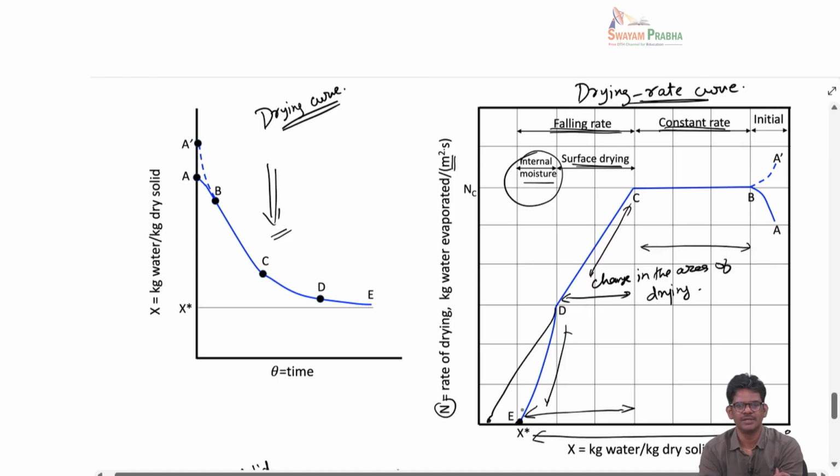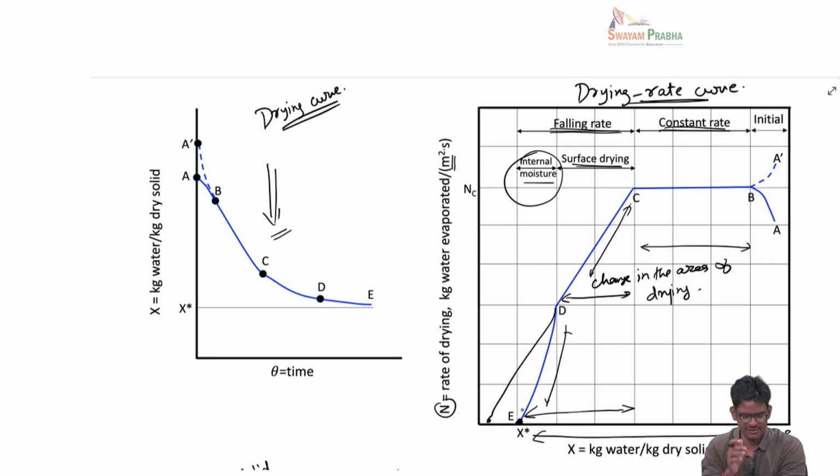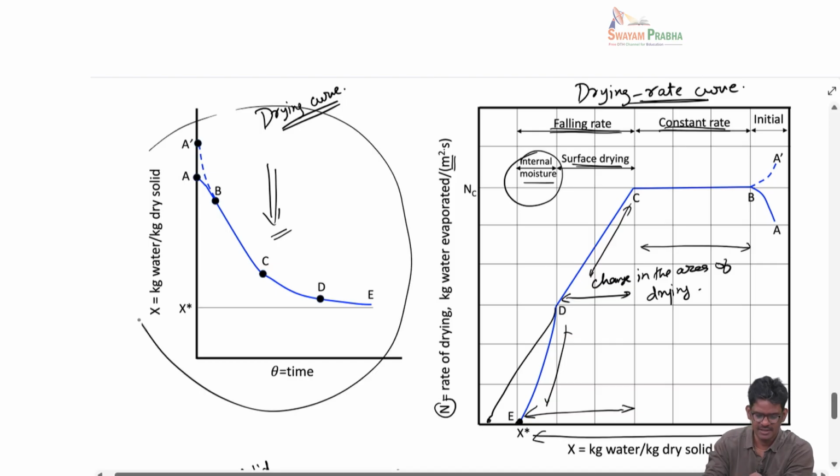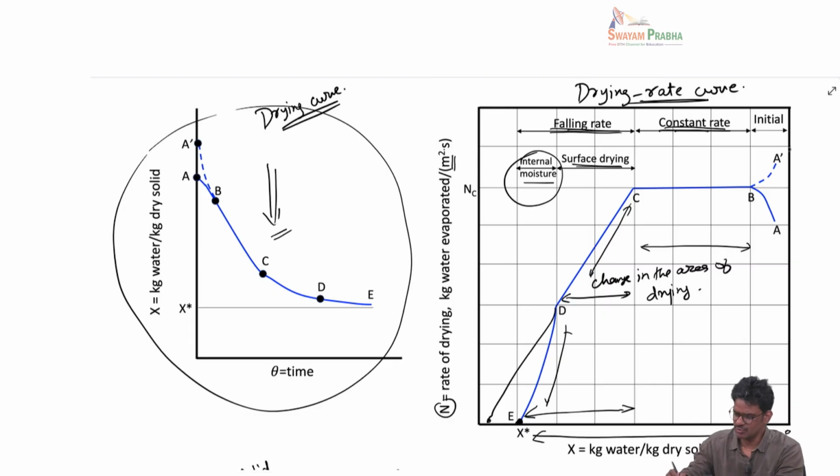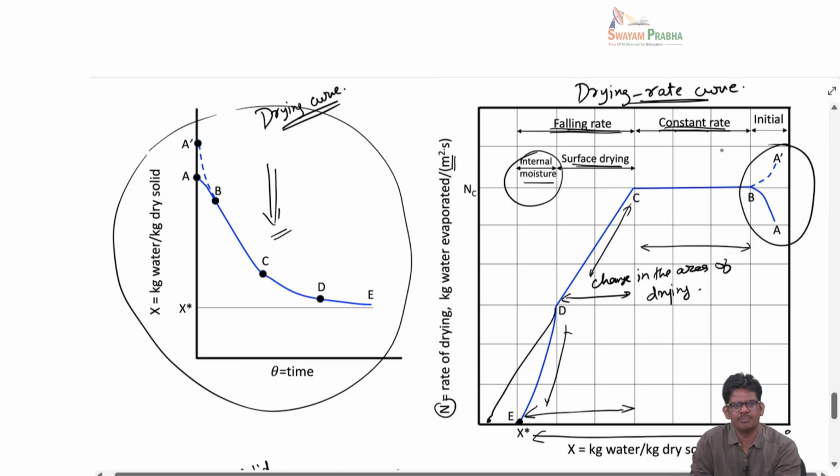Okay. So, if you look at this, we see that the simple looking drying curve here has many physical mechanisms of drying related to constant rate drying and falling rate drying, and within this we have surface drying and internal moisture drying. There is also a small initial part which may or may not be present for different materials.